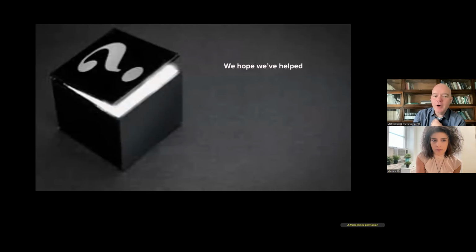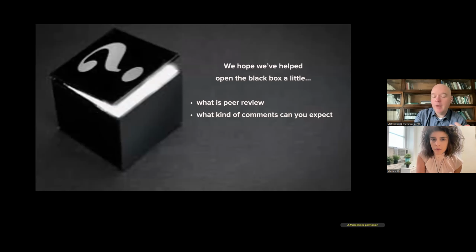So we hope we've helped you understand this black box a little, to get inside the peer review system. And we hope we've given you some ideas about what peer review is, about what kind of comments you can expect, the good, the bad, and the ugly, and how you can respond. So you have the capability to respond to these things, and it's part of the process.